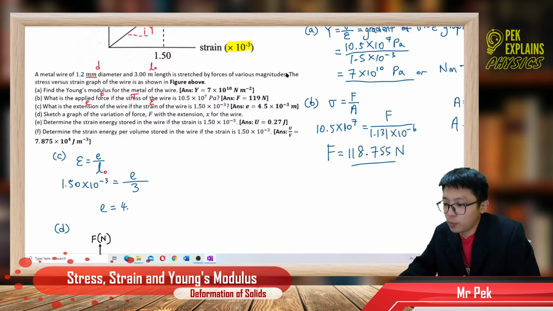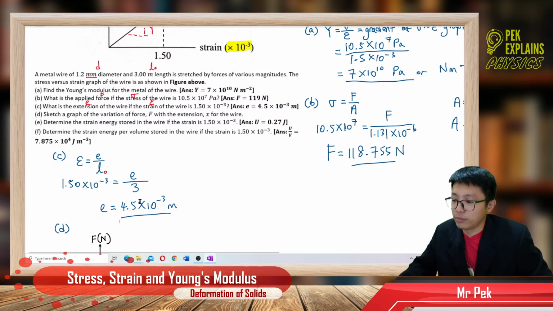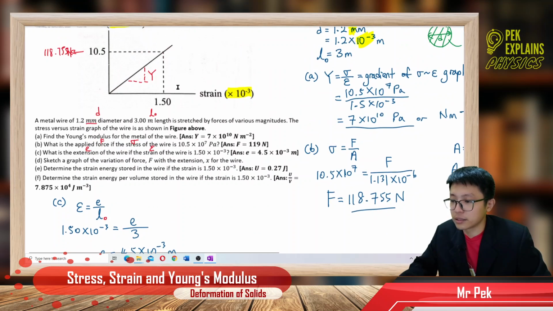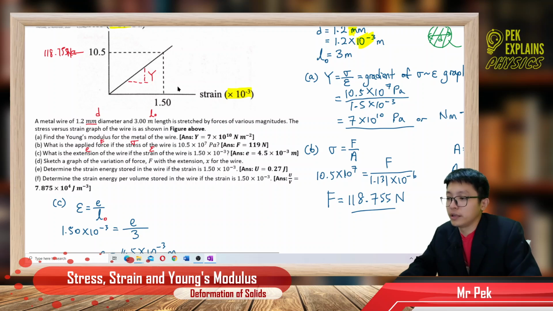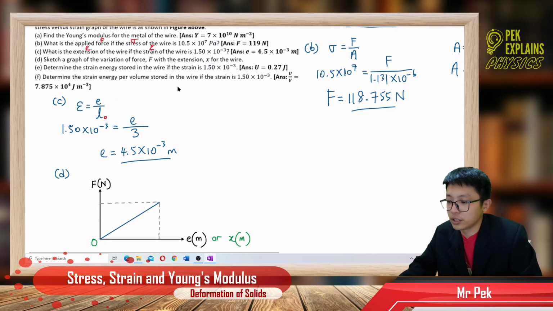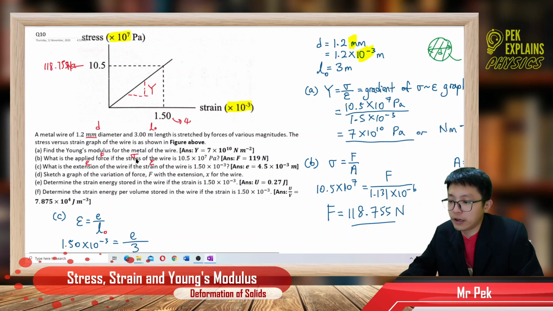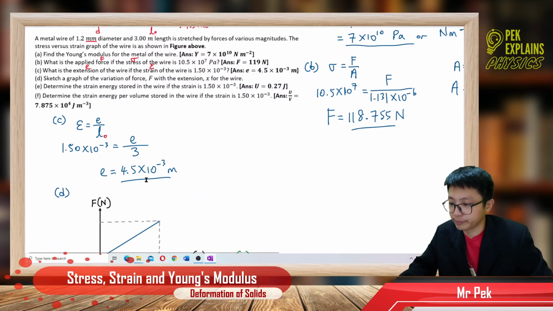I get 4.5 exponent negative 3 meter. So for this strain, my elongation is 4.5 exponent negative 3 meter.